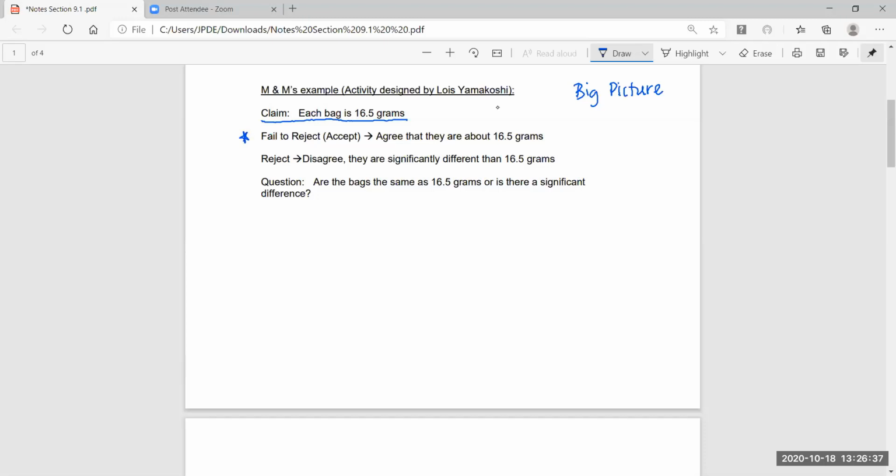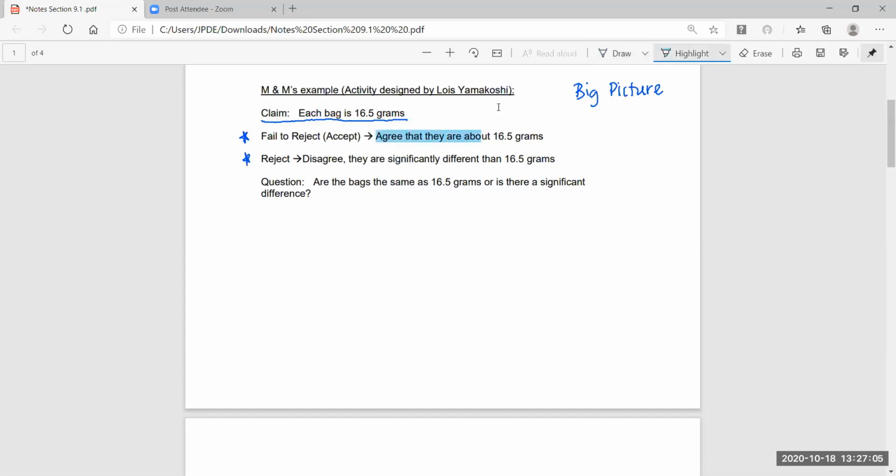Okay. Do we say we agree that there are 16.5 grams? Or are we going to reject their claim? And we'll talk about the logistics of this later on with our conclusions. But for right now, we're just saying, okay, do we agree? Yes, each bag is 16.5 grams.